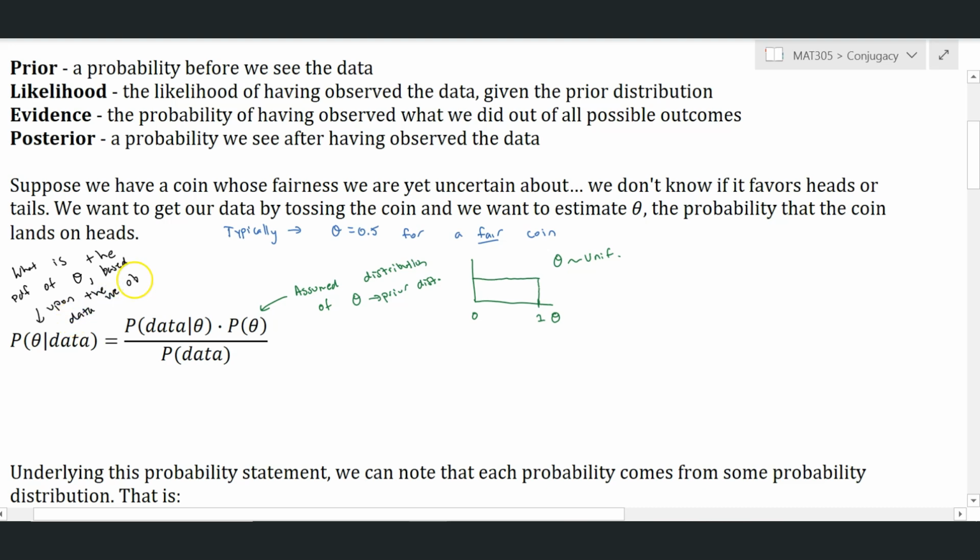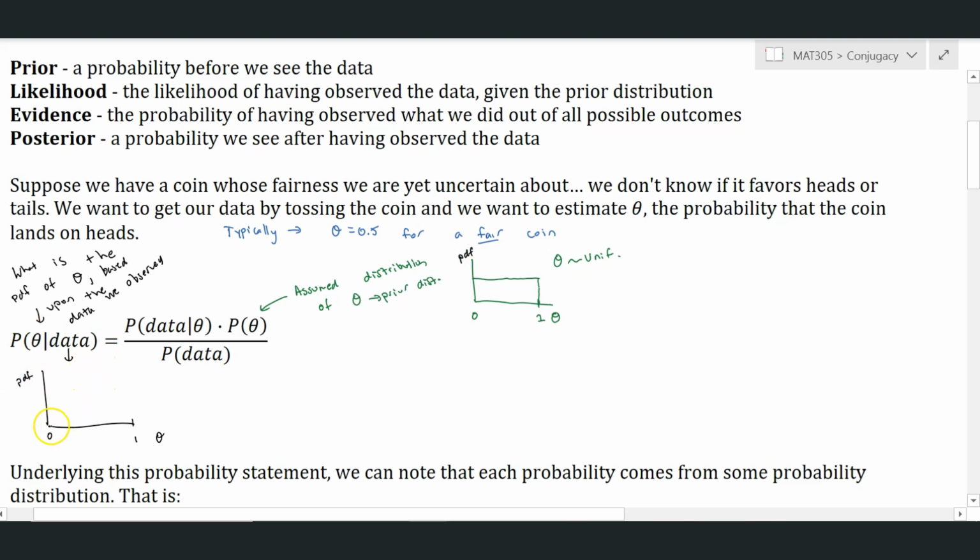So after we collect our data, we can say, well, here's where we believe theta actually lies. After we analyze, we'll come back to the other pieces here, but maybe based on the data that we collect, we now believe that theta has to be between 0 and 1. And on this axis, we have the PDF, probability density function.